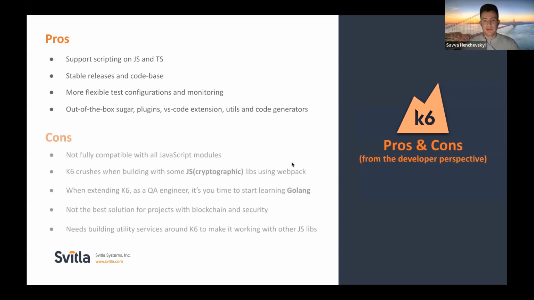For the short-term perspective, in the global IDE, I chose artillery as the main tool because there are a lot of JavaScript security SDKs and modules that need to be installed and integrated into the test solution. And also, to be able to extend K6, you need to be prepared to learn Golang.